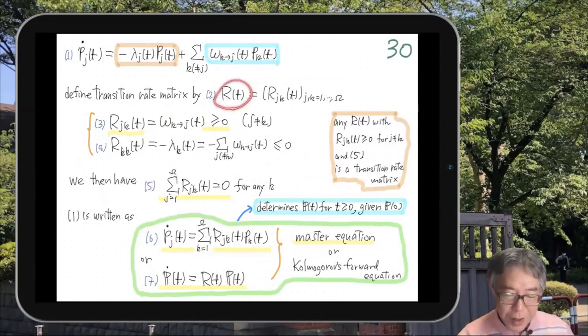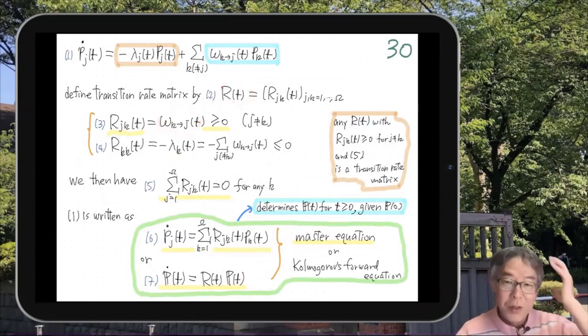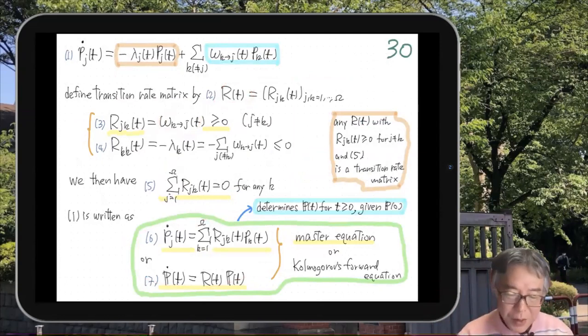So R contains essentially the same information as this omega, but it's written in matrix form. We define the transition matrix R(t), which is a function of t, and it has elements jk, where j and k run from 1 to omega. For j not equal to k, as for the off-diagonal element, r_jk is simply this transition rate, but with j and k switched.